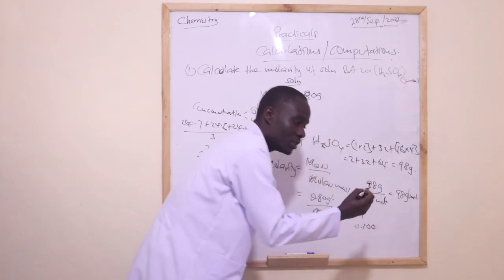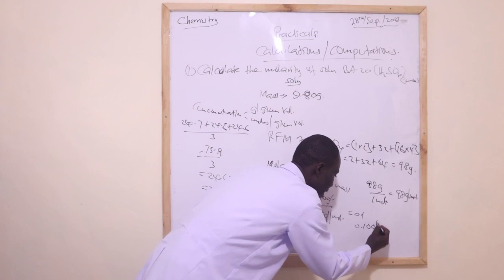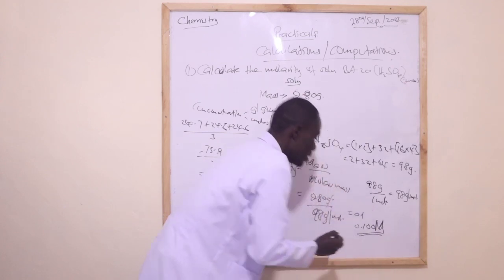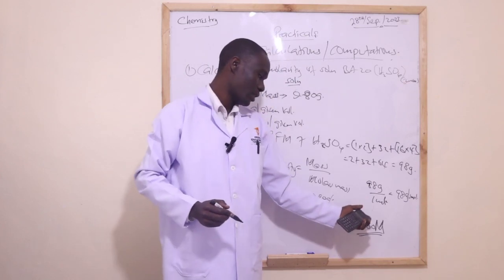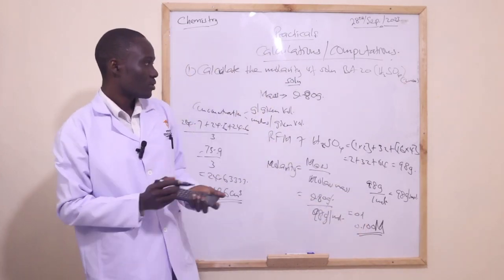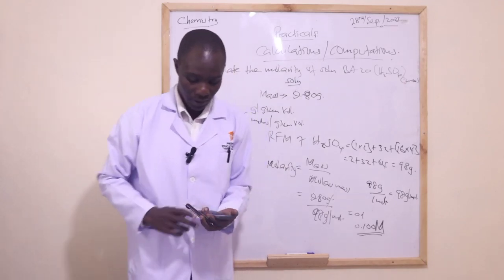Then the unit of molarity is capital M, read as molar. So we have 0.100 molar. So that's the molarity of solution BA20.